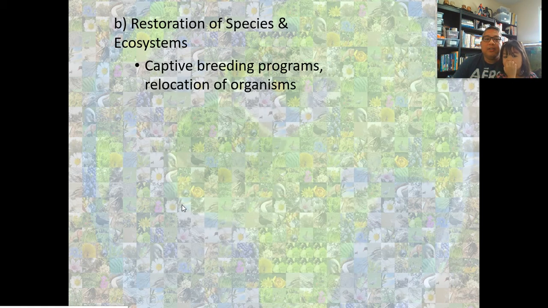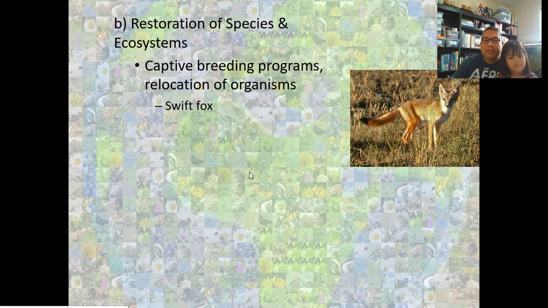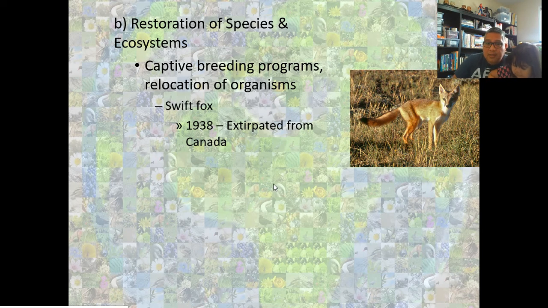Restoration of species and ecosystems: captive breeding programs, relocation of organisms like this fox here. If their environment won't support them, then they will be moved to another environment where they can be supported and hopefully grow in numbers. In 1938, the swift fox was extirpated from Canada, meaning you can't see any swift fox in Canada.